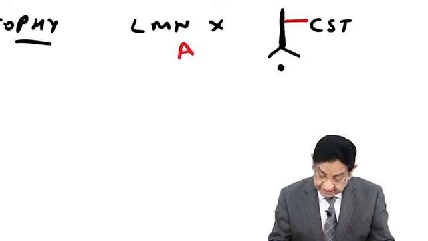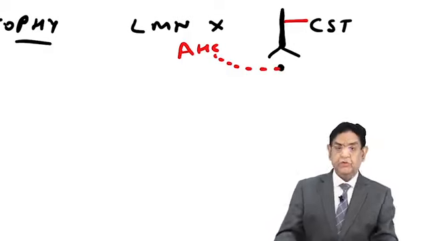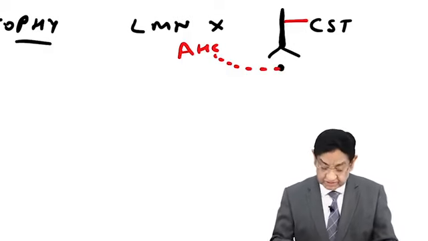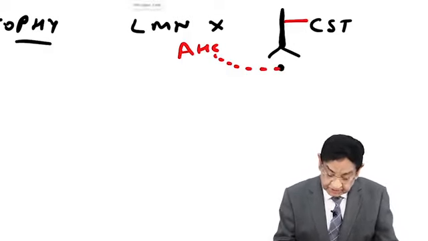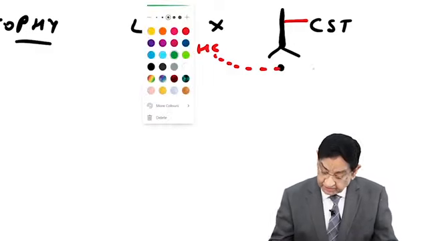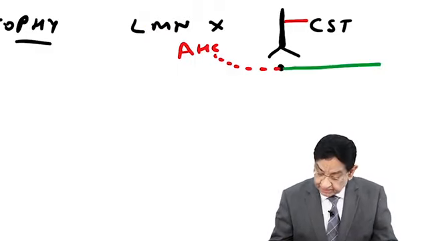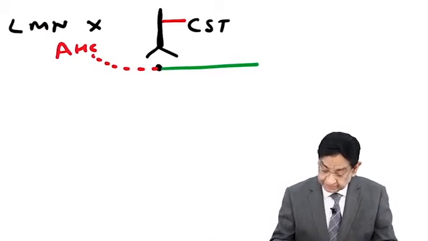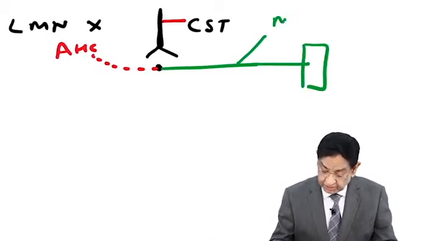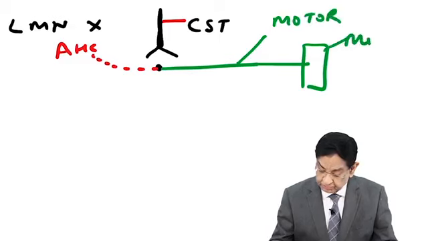This is the anterior horn cell. We also know very well that from the anterior horn cell, the motor nerve comes and goes to the muscle. This is the motor nerve and this goes to the muscle.